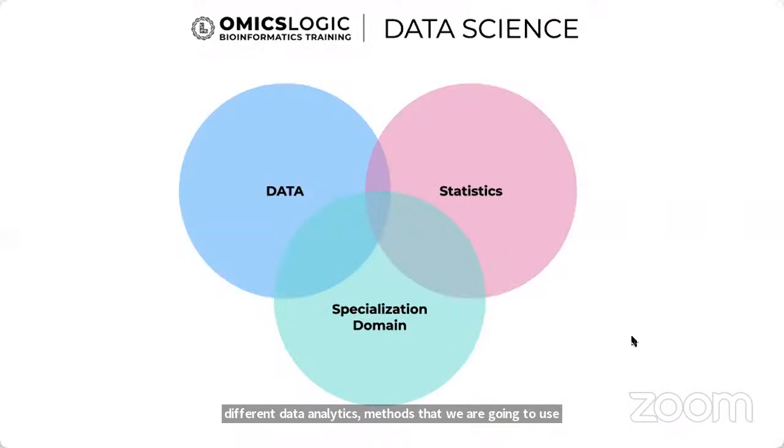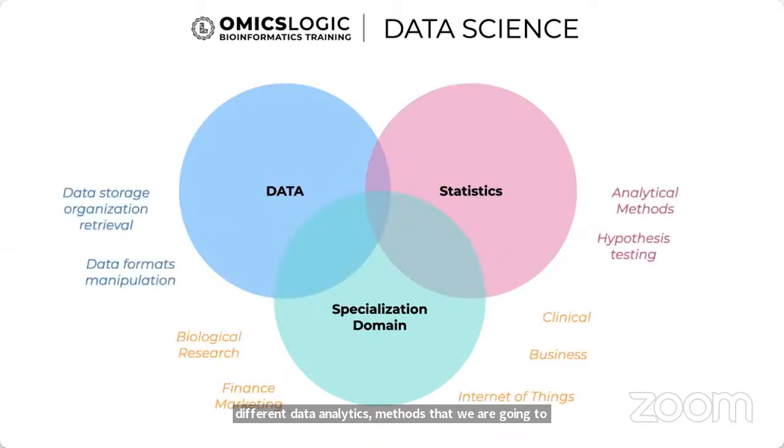So what is data science? Data science can be thought about, or abstracted, as a convergence of data management, data manipulation, and analytical methods for hypothesis testing in any specialized domain.